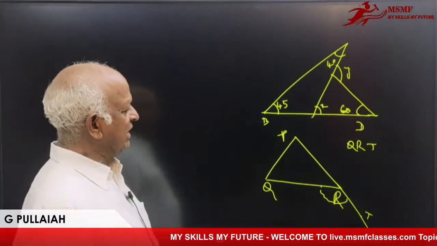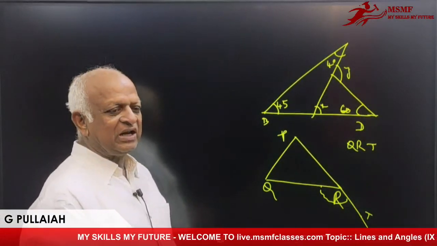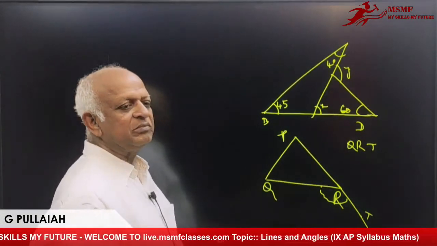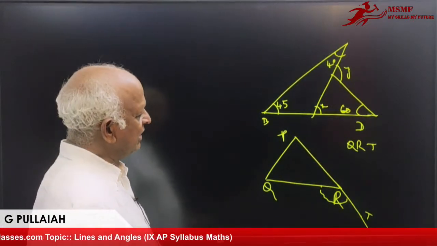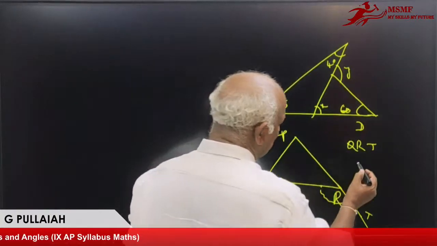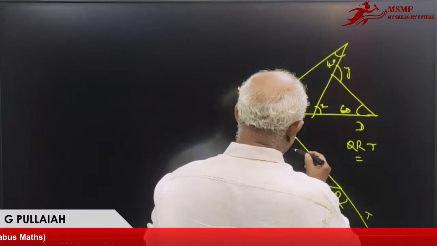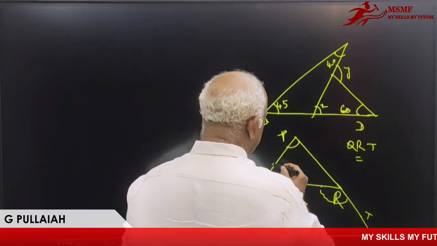It is the exterior angle on producing the side of a triangle. So this exterior angle is equal to the sum of the two interior opposite angles.